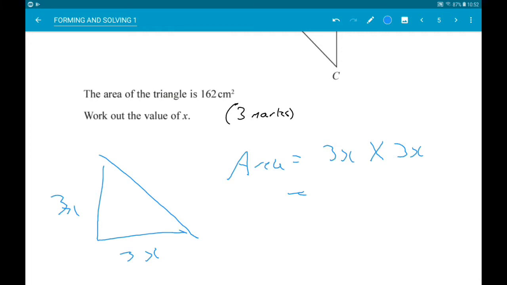Now that is 9x squared. Now we also know the area is equal to 162. Therefore, 9x squared is equal to 162.